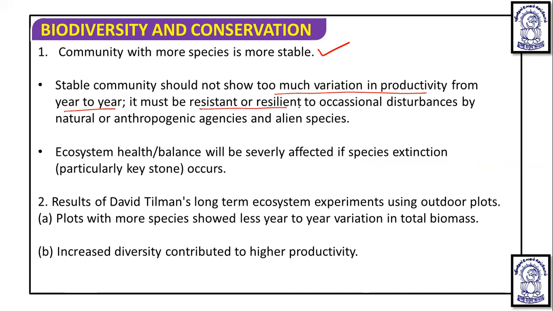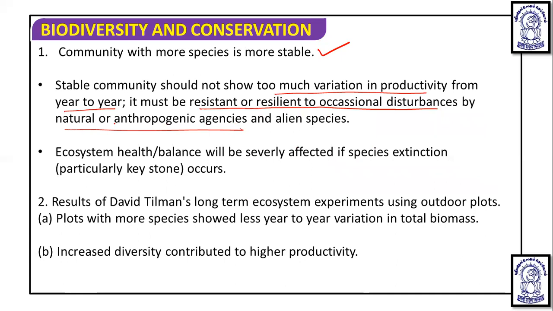It must be resistant and resilient to occasional disturbances by natural or anthropogenic agencies. So first, the number of species in a community really matters to the functioning of the ecosystem, because rich diversity is important for the stability, productivity, resilience, the capacity to recover, alternative pathways, and the health of the ecosystem.